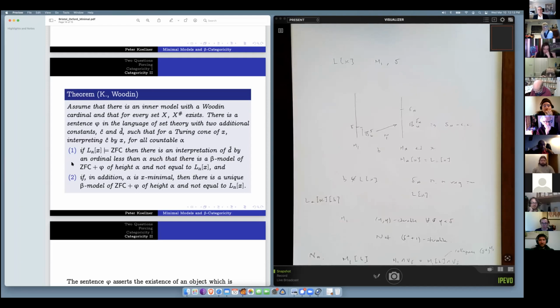And if you're looking at L alpha of X and you start going through outer models, as soon as you get to an outer model that thinks the sentence, then it's correct about the branch B. And that doesn't get injured as you go through larger outer models.